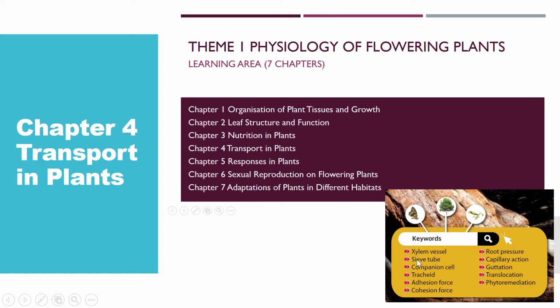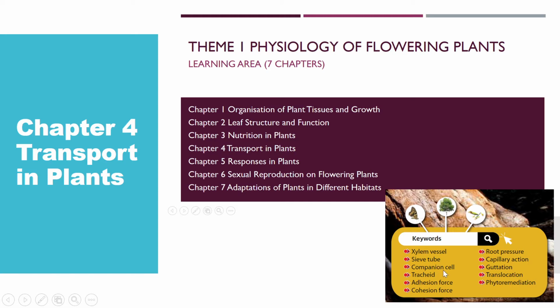So xylem vessel and trachete are involved in the transportation of water and mineral salts, the xylem vessels together with trachete. The sieve tube and companion cells, they are the good friends that are involved in the transportation of the organic substances.